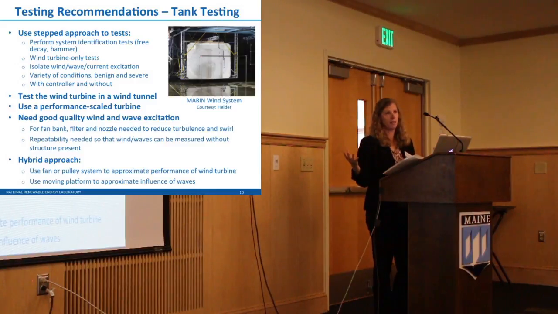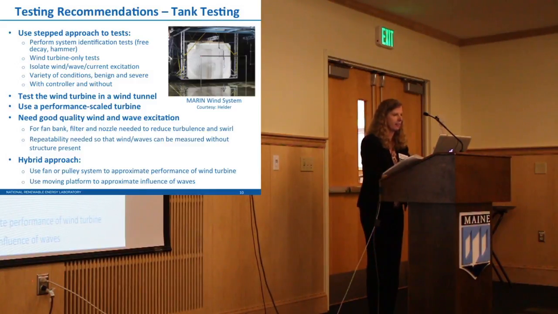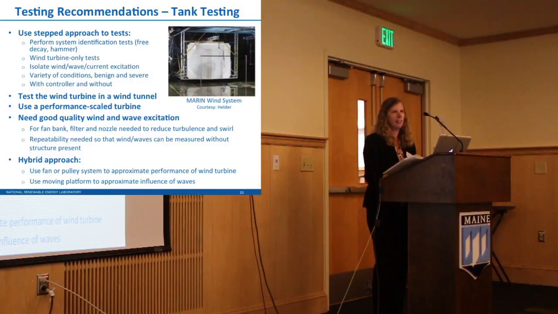And then there's some other people now, like the people down at Polytech in Italy, that are instead going to a wind tunnel and getting rid of the waves and substructure and basically putting a base excitation on that wind turbine to approximate how the system would perform in the waves. And that's actually being done in a loop process using a wind modeling tool, a tool such as FAST, that's able to model that hydrodynamic load.